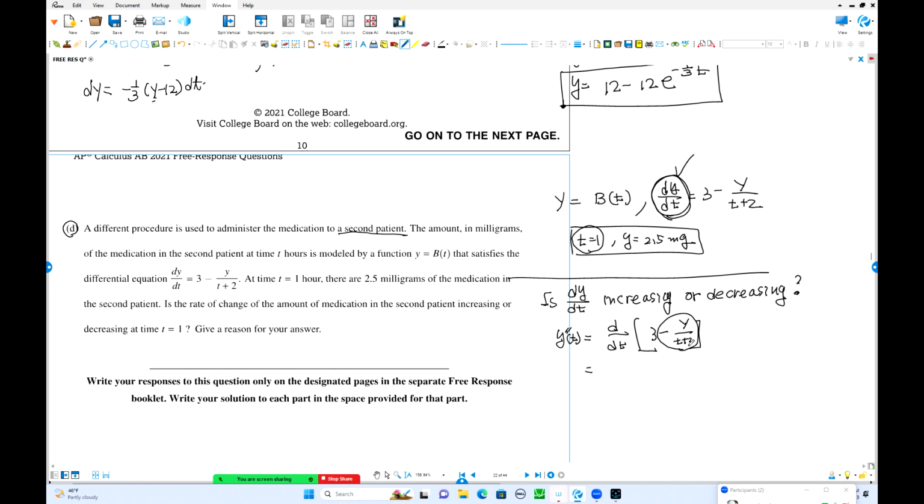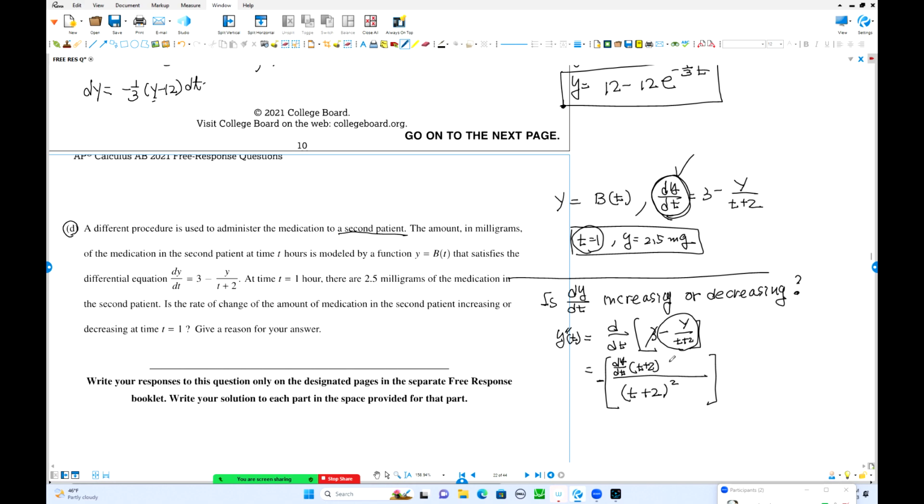What is this? A quotient, right? So the denominator is squared: t plus 2 squared. What is the derivative of the numerator? y prime, which is dy/dt. So dy/dt times the denominator t plus 2, with the minus sign outside.